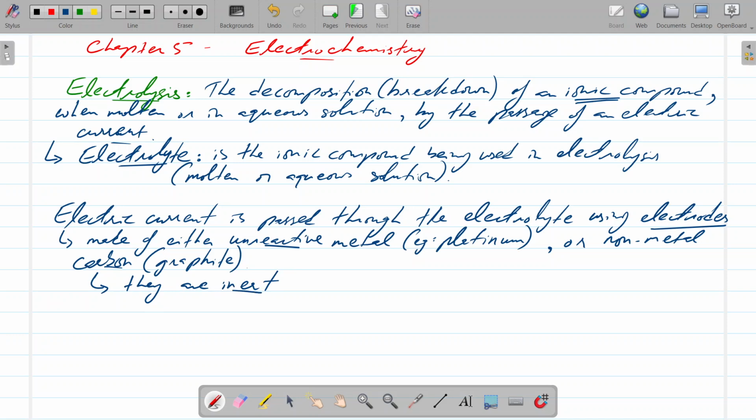Inert means that they do not react themselves, so they do not react with the products of the electrolysis.